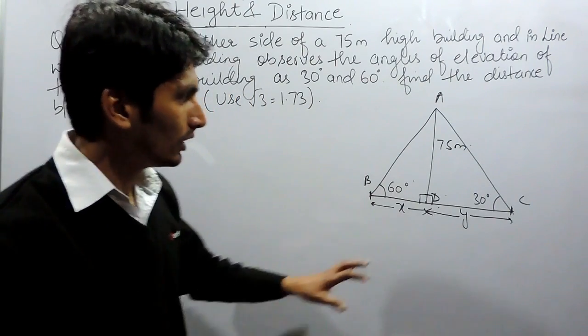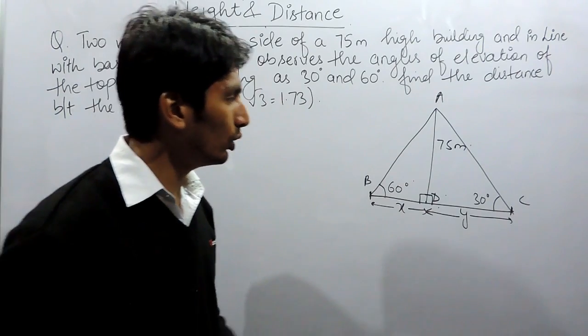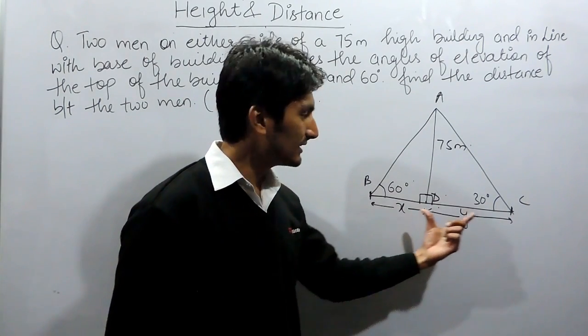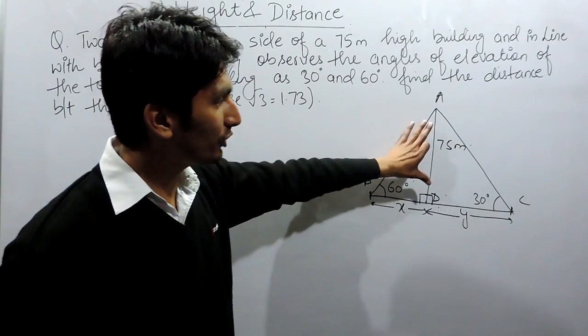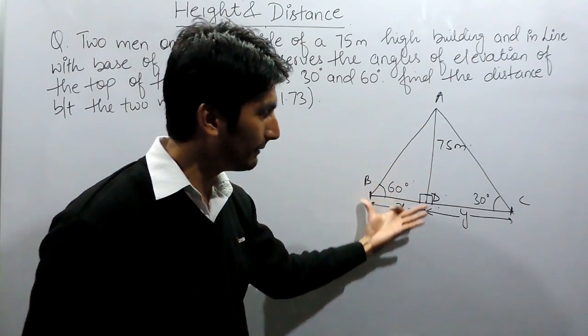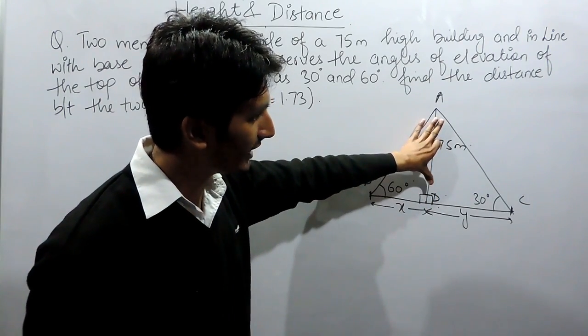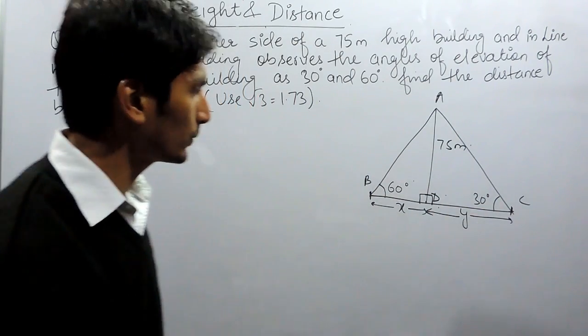Now two triangles are formed and the funda remains the same. In both triangles, you have to find the ratio for tan theta, means the ratio between perpendicular and base, and then solve those two equations.